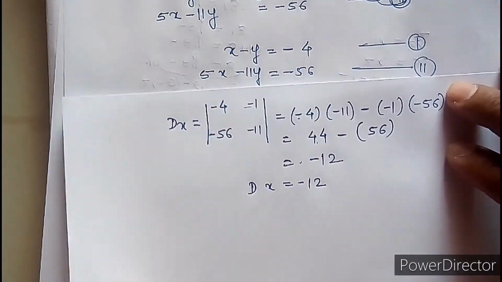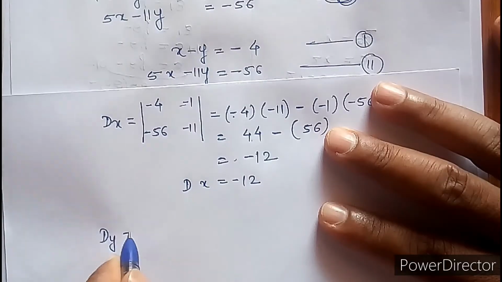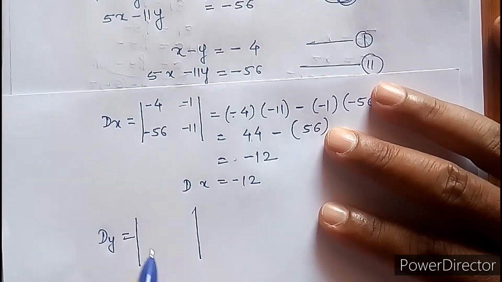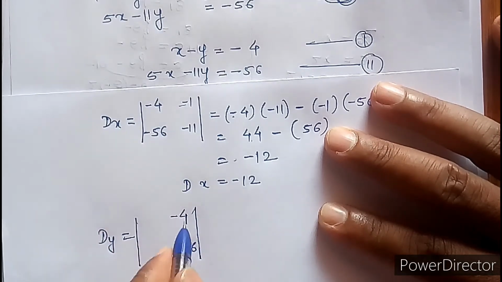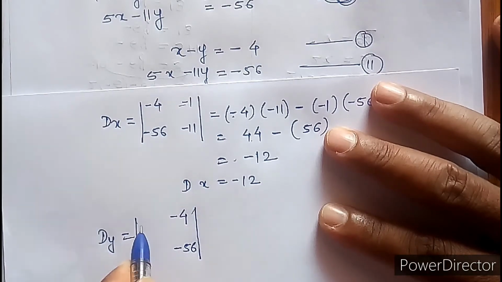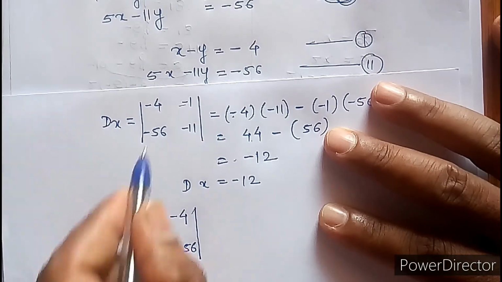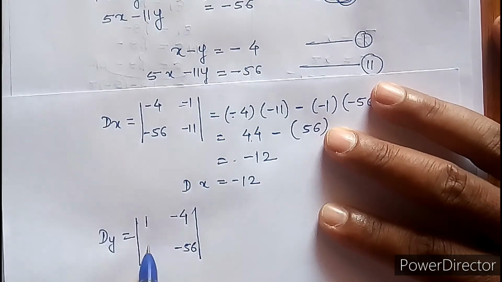Now we have to find the value of Dy. Dy will be equals to, in determinant, write down here in the second column minus 4, minus 56, that is the values of c1 and c2. In the first column, write down the coefficient of x, that is 1 and 5.